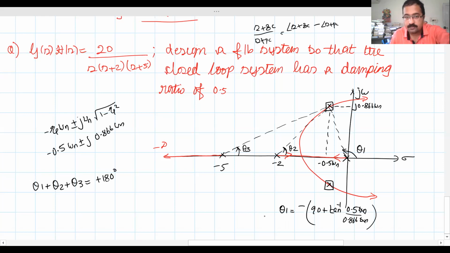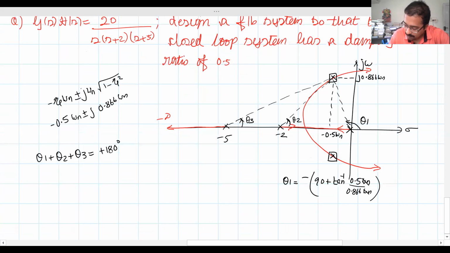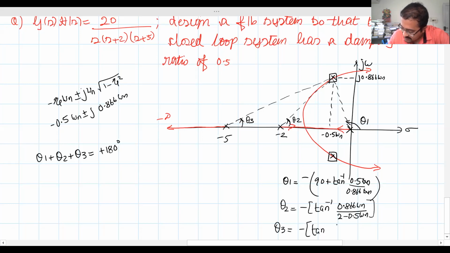What is theta 2? Theta 2 will be minus tan inverse of opposite side 0.866 omega n divided by adjacent side, which is 2 minus 0.5 omega n. Theta 3 is minus tan inverse, again opposite side 0.866 omega n divided by 5 minus 0.5 omega n.